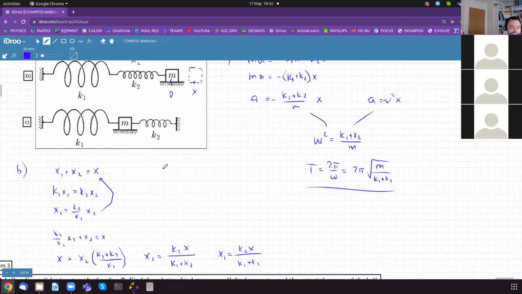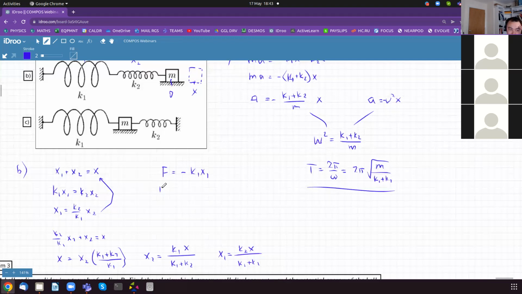So F, oh, of course, sorry, I didn't really need that. So F is equal to minus K1 x1, right? Because the force is the same, force inverse.